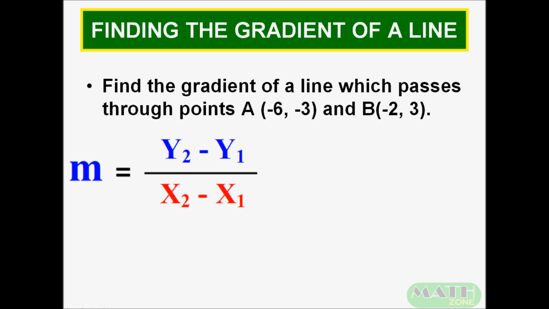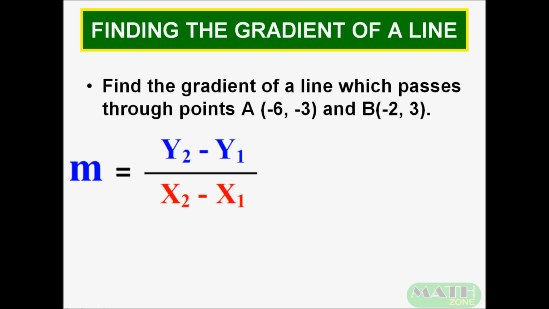And we can recall that we normally start our ordered pairs with our x followed by our y. For point A, our x value would have been -6, and our y value would have been -3. And for B, our x coordinate would have been -2, and our y coordinate would have been +3.